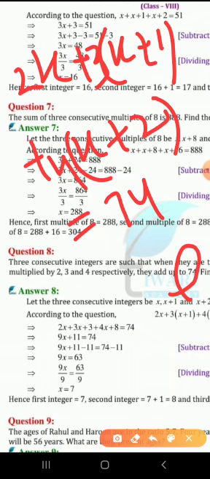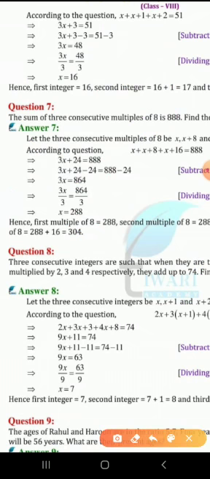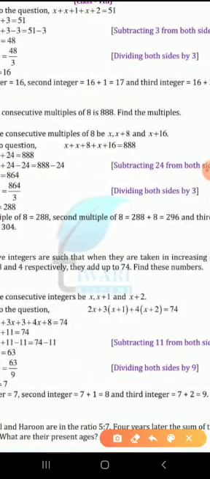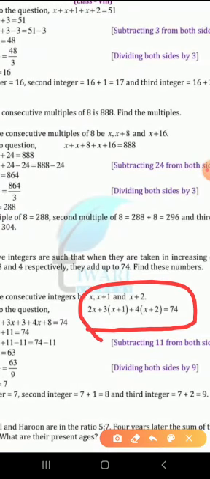Here the equation is given to you: 2x plus 3 into x plus 1 plus 4 into x plus 2. This we will try to solve. 2x as it is, plus 3 into x plus 1.